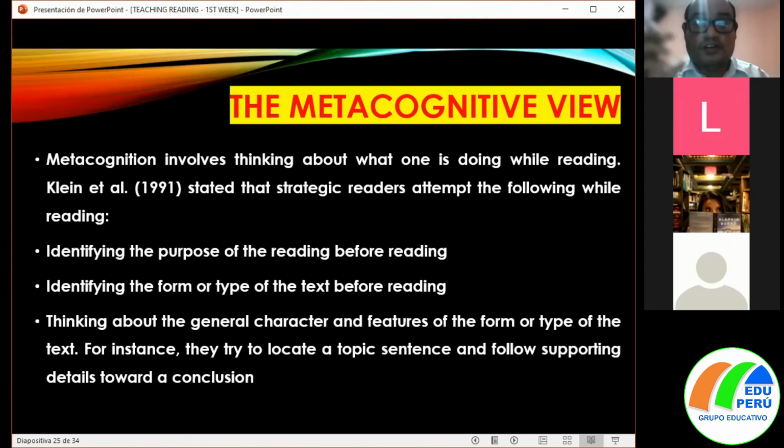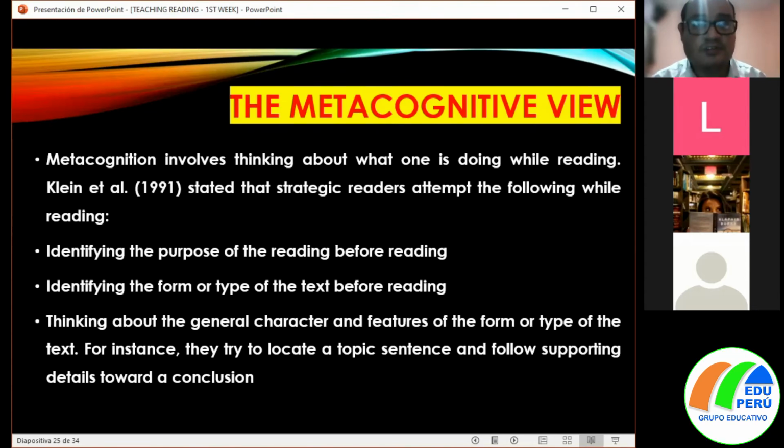So, notice what you are going to do in the metacognitive view. It's not just, yeah, read, and that's it. You're going to do some activities. But why am I reading that? What type of text am I reading? What are some characteristics of this type of text?